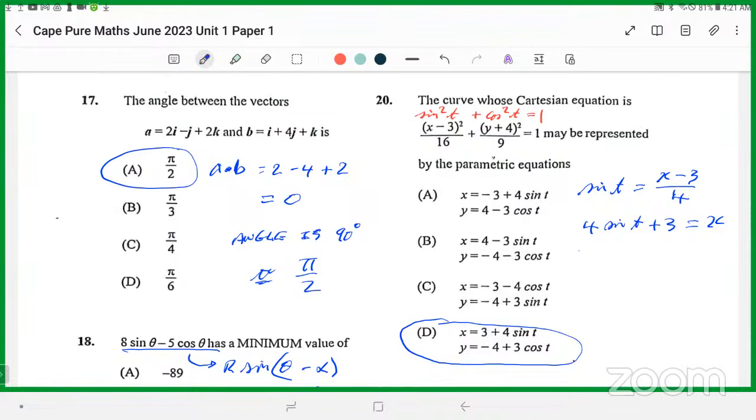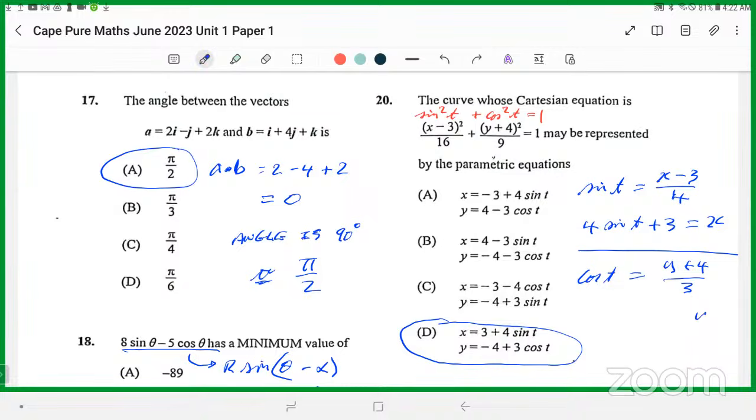But if you want to work out the y, you could go ahead and say the cos of t based on this would be y plus 4 over 3. Because you have to square this, now you have to write that as 3 squared, 9. Then make y the subject now.